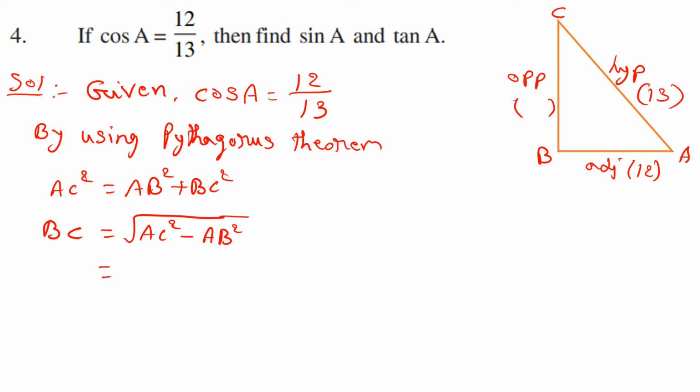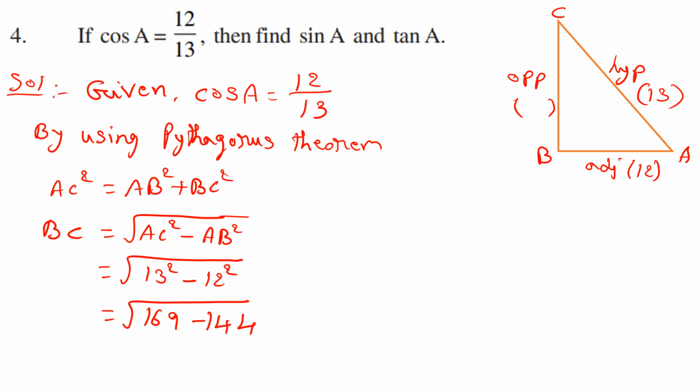That equals root of 13 square minus 12 square, which is root of 169 minus 144. That is root of 25, which equals 5 units. So now we know BC equals 5 units.